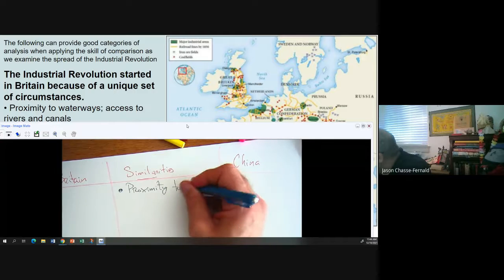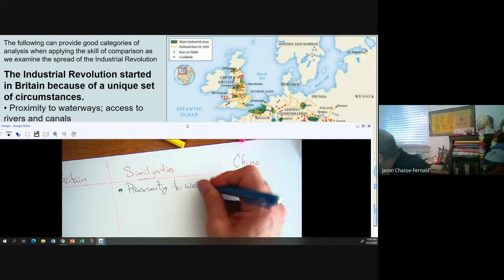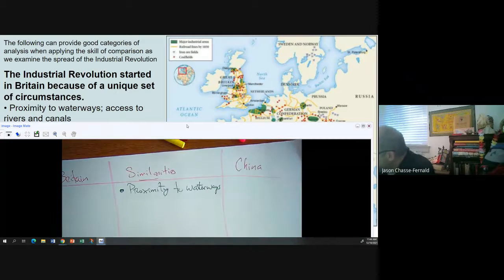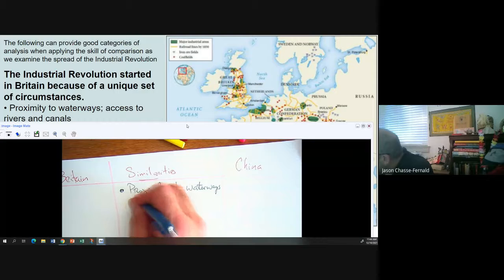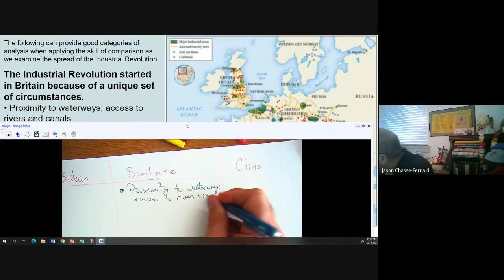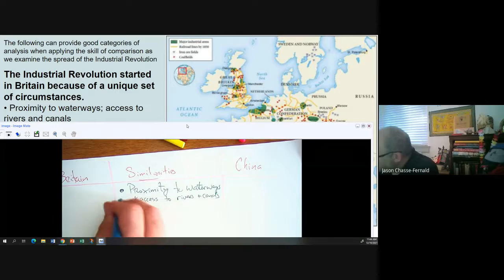Proximity to waterways. Access to rivers and canals. So what do we know about England? What do we know about Great Britain with this?